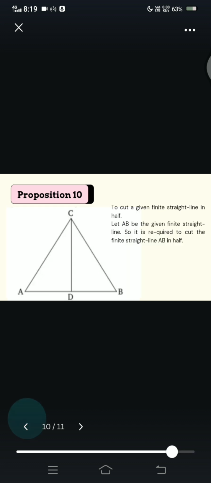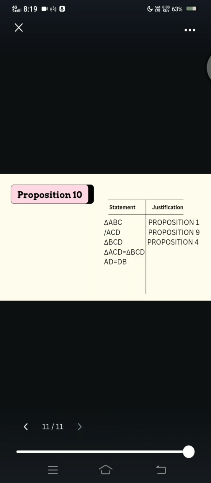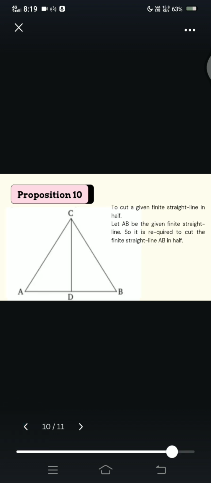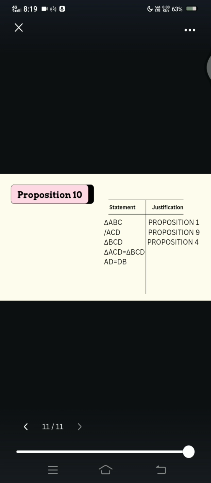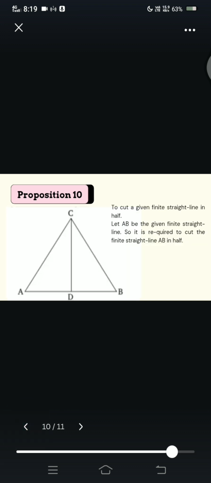So as you can see here, that's why we have our equilateral triangle here. And we will bisect this triangle using the proposition 9, and because of this we will have our point D here to cut our triangle.